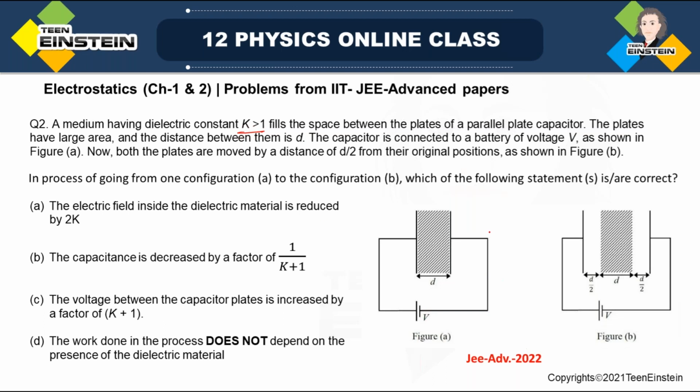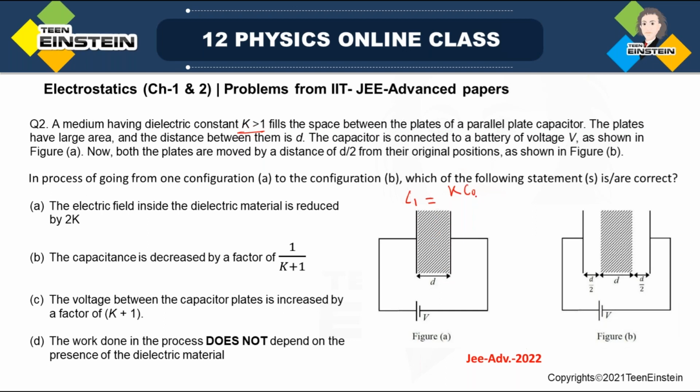Okay, if I have to find out the capacitance for this particular configuration, we can easily find it, right? We know if this is C1, this will be K C0. C0 means the capacitance of the air capacitor, when there is no dielectric material, only air.